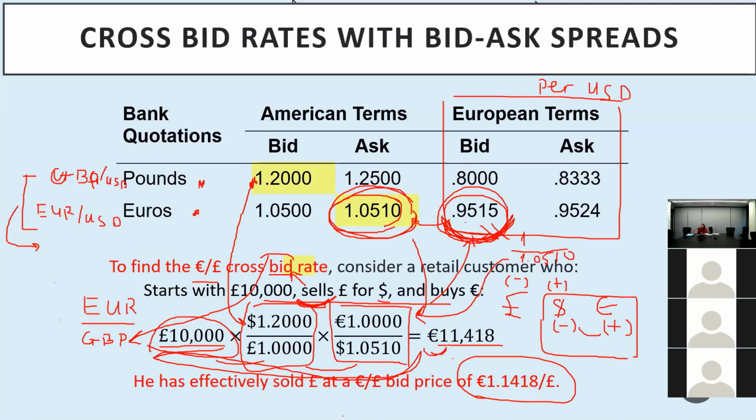So if we take 11,418, we divide that by 10,000 pounds, we will get this ratio over here, okay? So through this calculation, we have calculated the effective cross bid rate for the euro and pound exchange rates, okay?